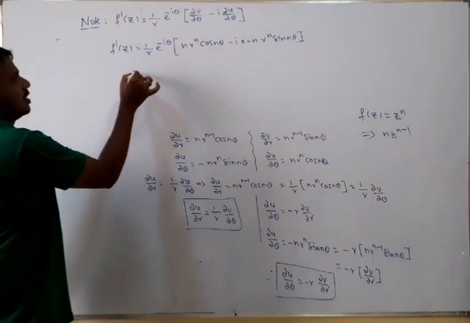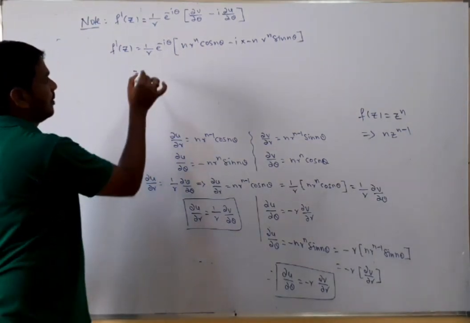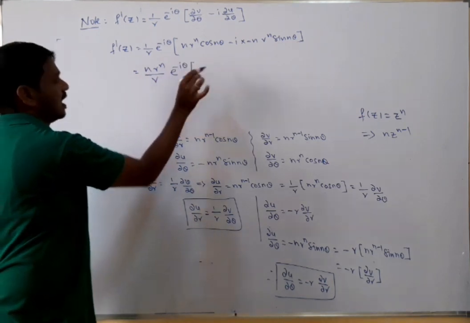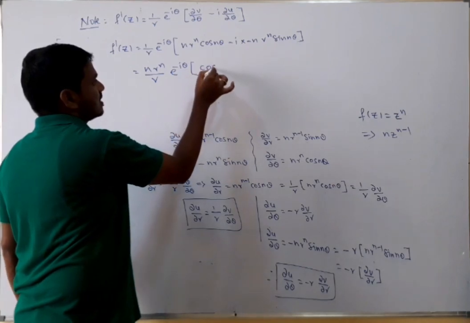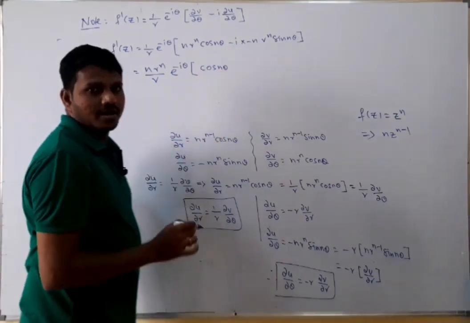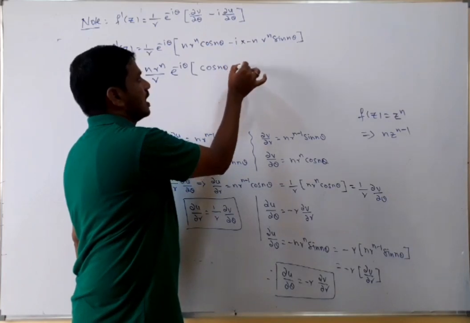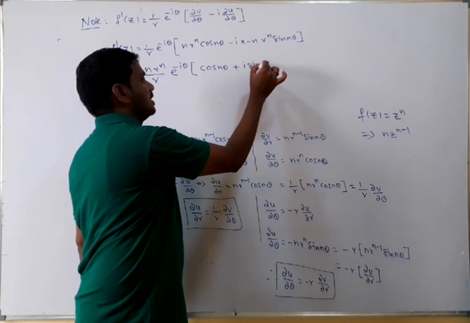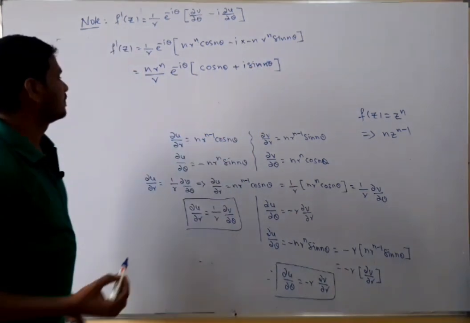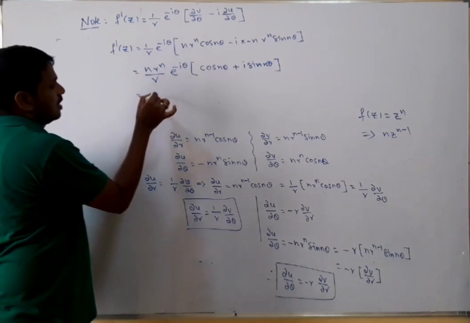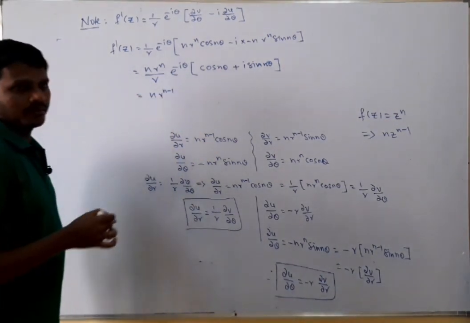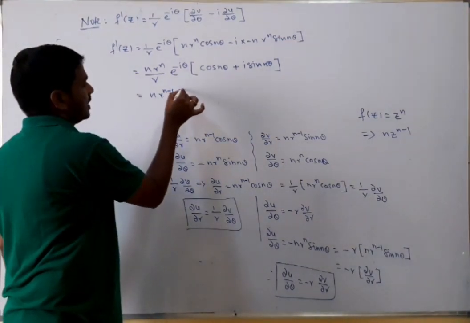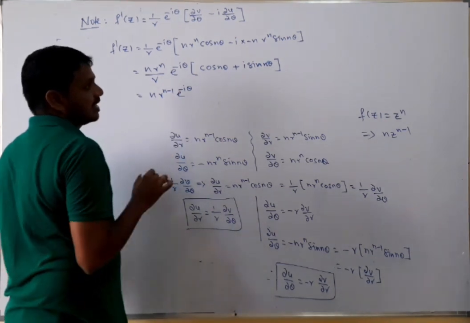Here, this can be written by taking n and r to the power of n common: n r to the power of n divided by r e to the power of minus i theta, and the remaining terms are cos n theta plus i sin n theta, which is equal to n r to the power of n minus 1, e to the power of minus i theta, cos n theta plus i sin n theta.